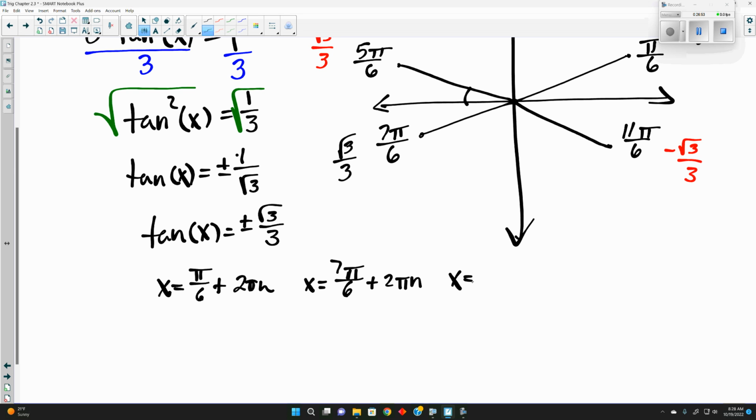X is equal to 5 pi over 6 plus 2 pi n, and x is equal to 11 pi over 6 plus 2 pi n. And again, I ordered these in a specific reason to kind of show a point.